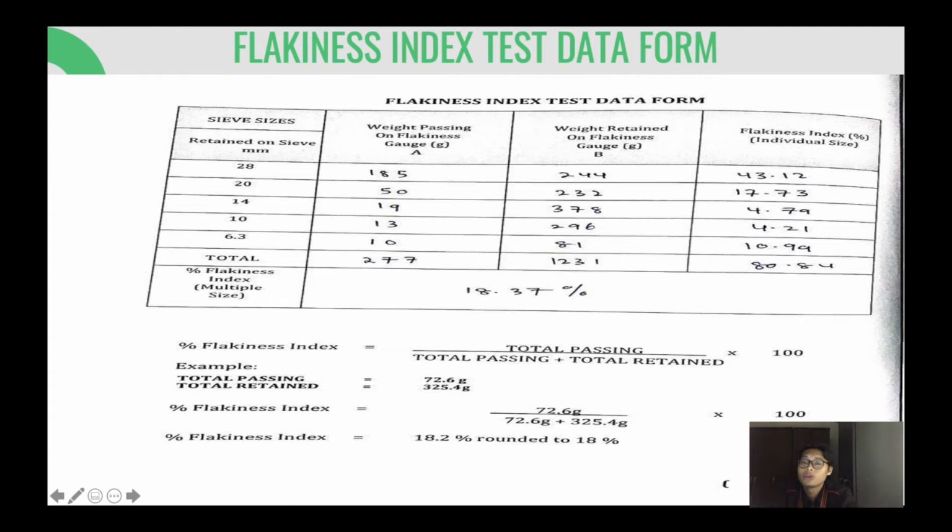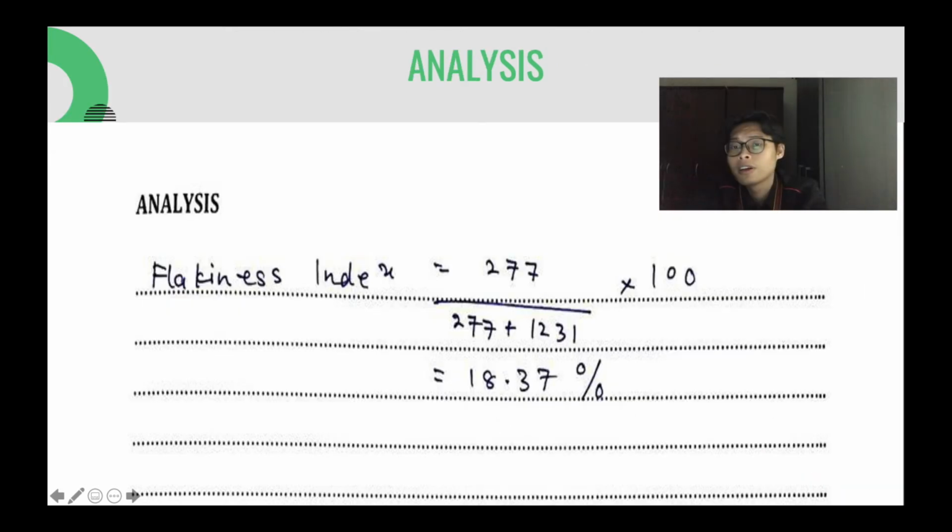So the answer is 18%. These are flakiness index that we calculate before.